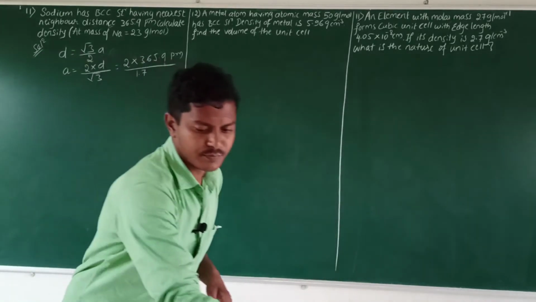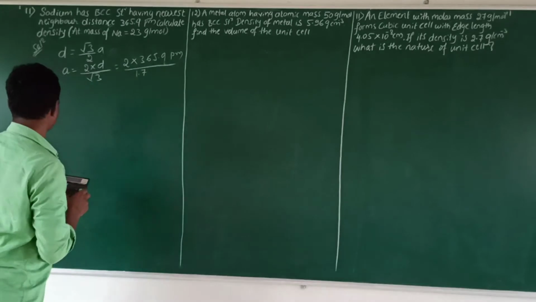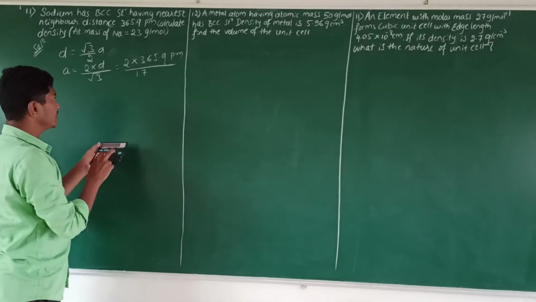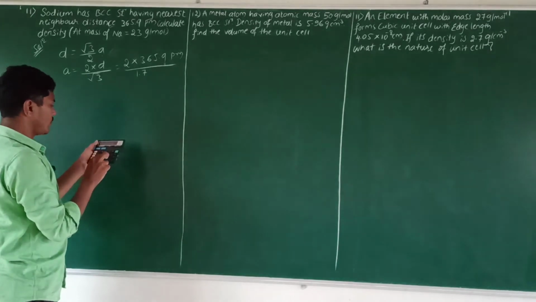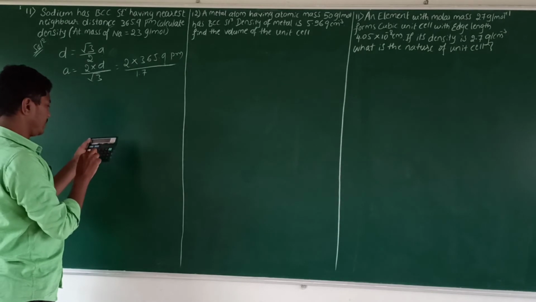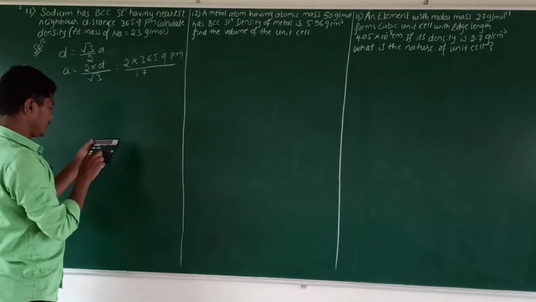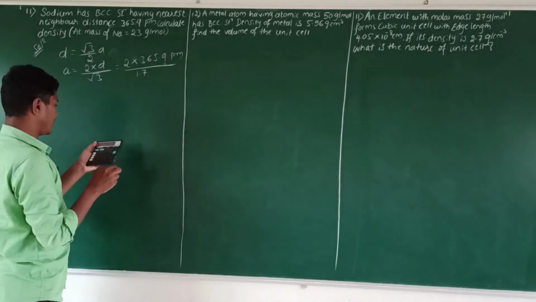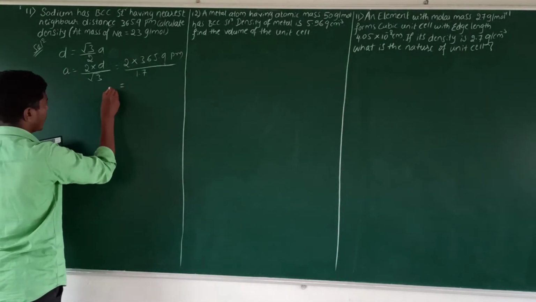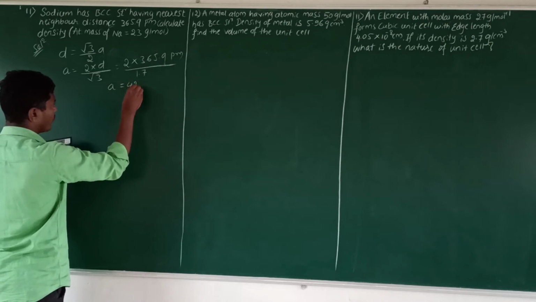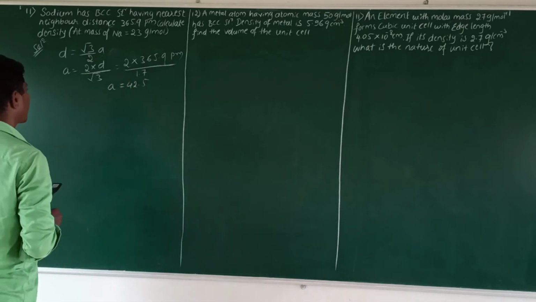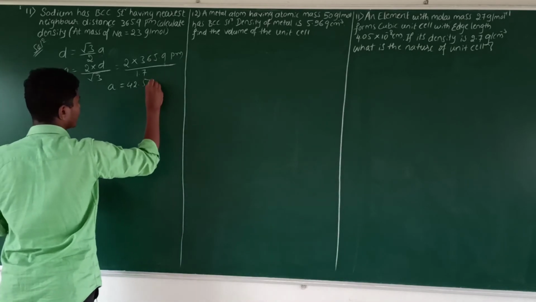Upon calculation, 2 into 365.9 divided by 1.7, we are getting 422.5. This is the edge length, in picometer.